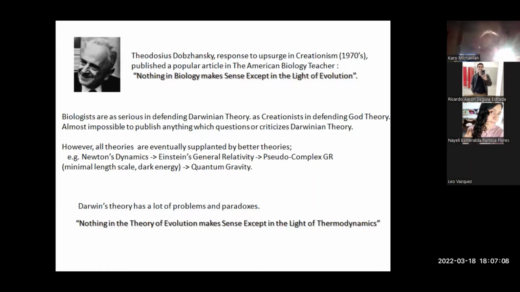And he wrote it in response to an upsurge in creationism, that is an upsurge in religious thinking in the US; he's an American scientist. In the 1970s, there was a lot of popular support for religious creationism and the idea that Darwin's theory should not be taught in the schools.